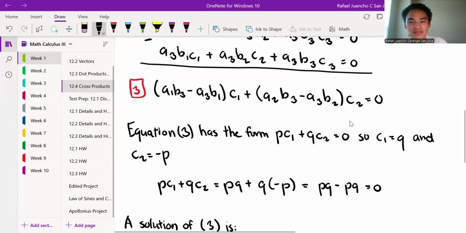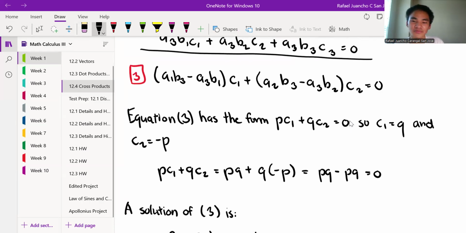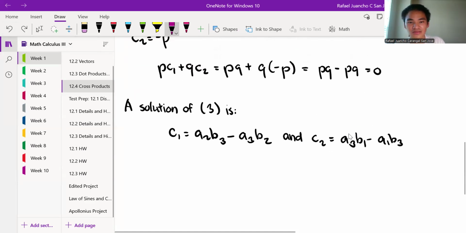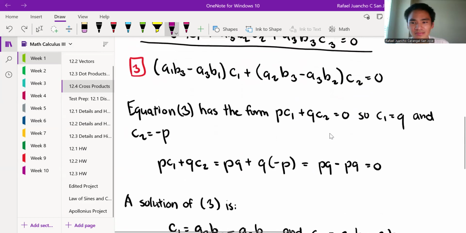And here we can see that equation 3 has the form PC1 plus QC2 equals 0. So C1 equals Q and C2 equals negative P. Why? If we assign those, we would get PQ minus PQ equals 0, which makes sense, right? So we have a solution: C1 is Q. What's Q?